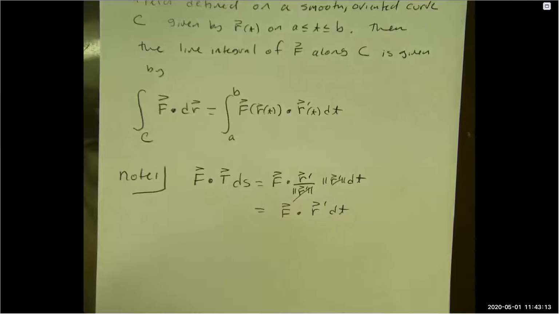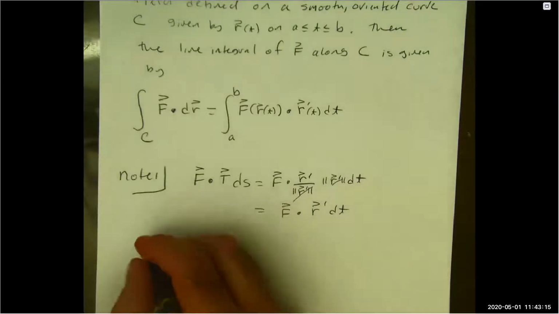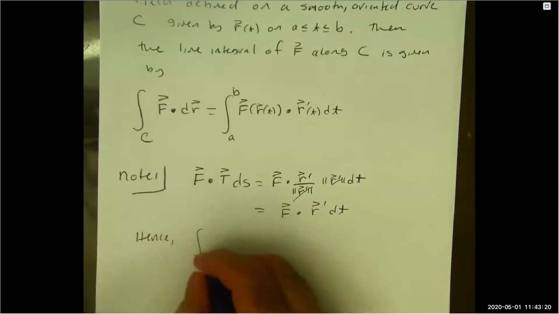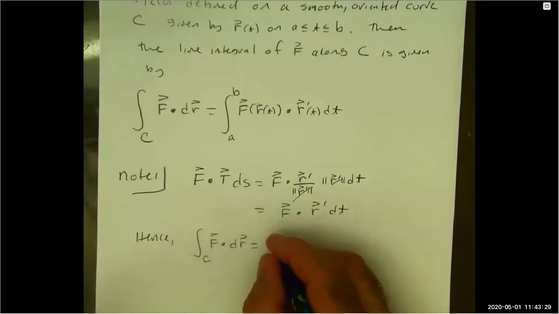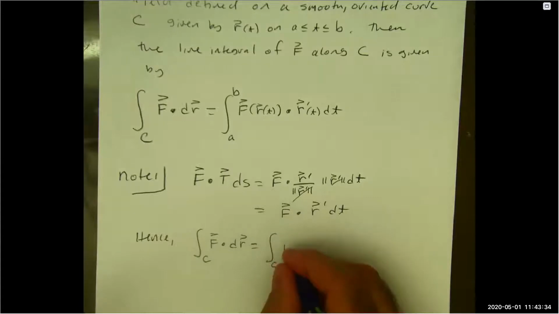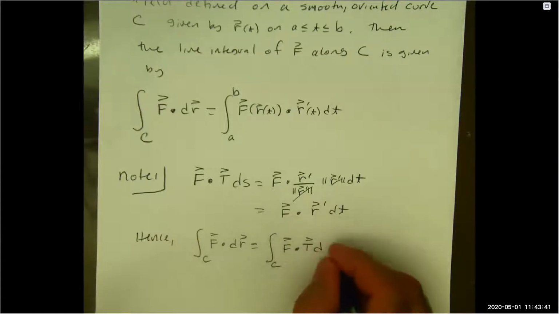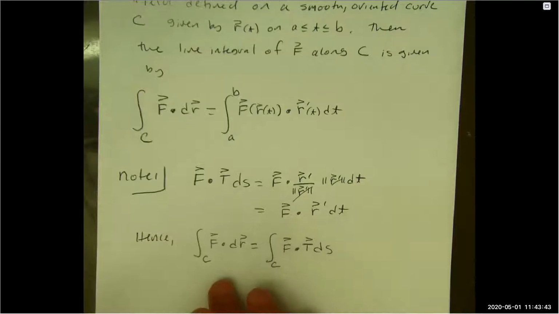So what that means is that the line integral over C of F dot dr can also be written as the integral over C of F dot T ds. So these two things mean the same thing. It's two different ways of writing that.